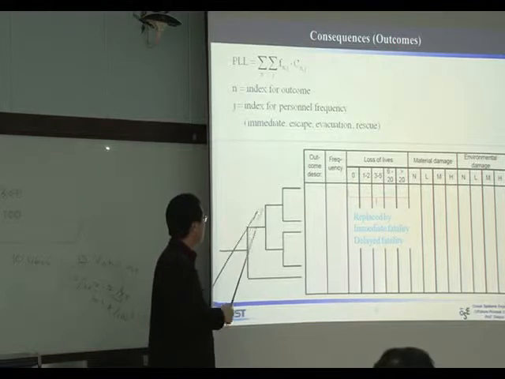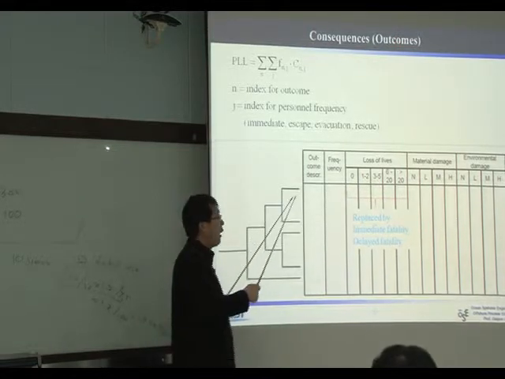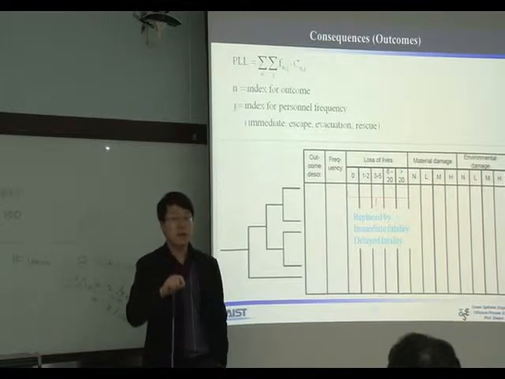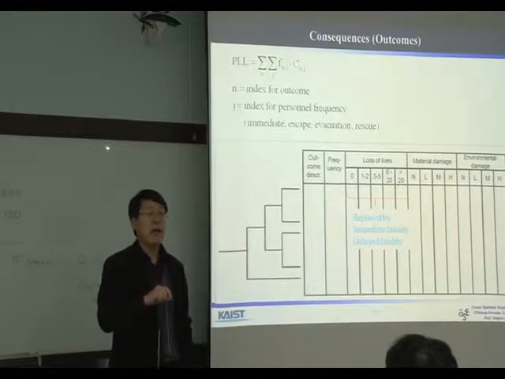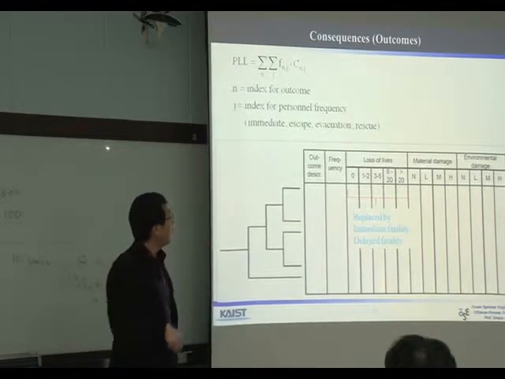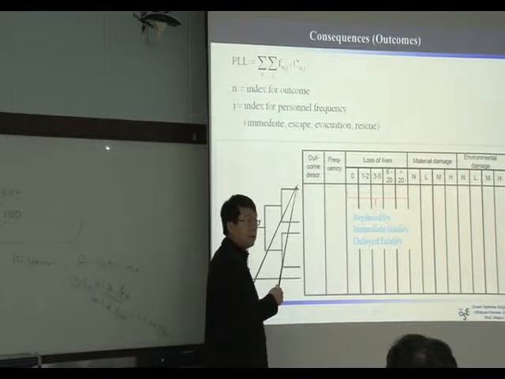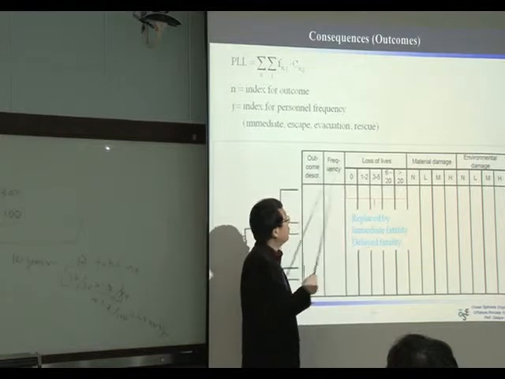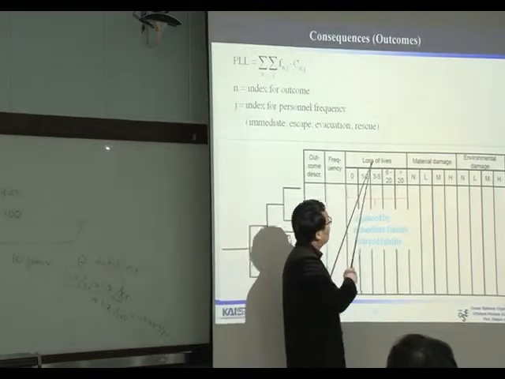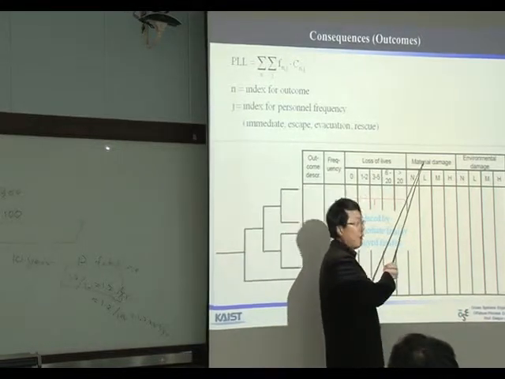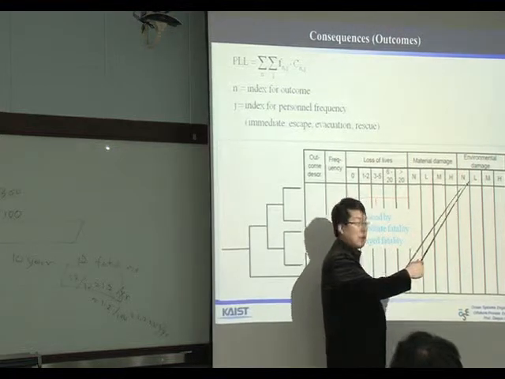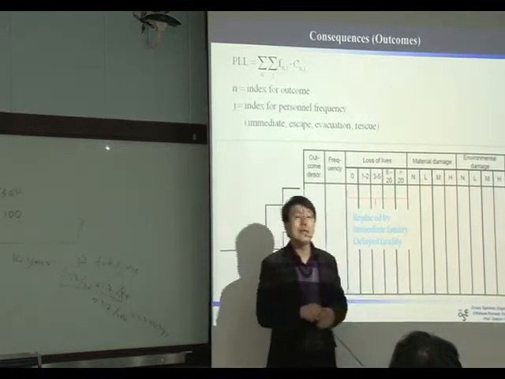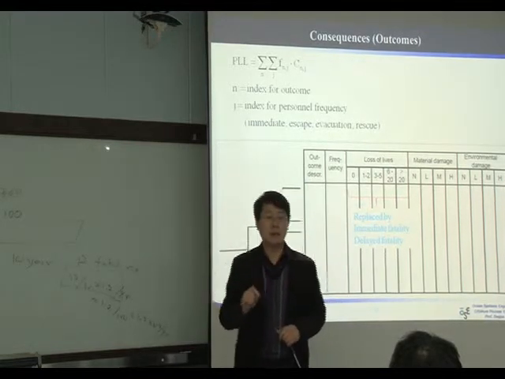If we sum up the probability, we have the frequency of that accident. So that accident may have impact on safety, asset, and environmental damage. So this part is prepared to estimate this risk.